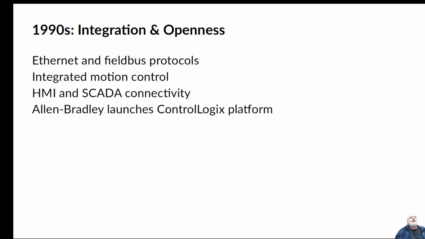In the 90s, we began integration and what they call openness. What they're calling openness here basically means more friendly to third parties to create devices or cards for the PLC.